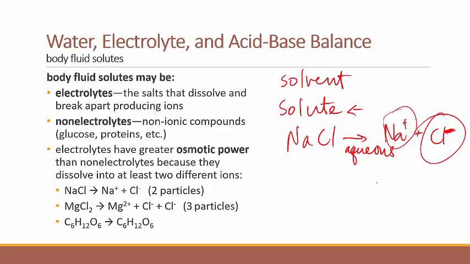And osmosis is all about the number of particles, not about the size of the particles. So even though proteins are really big, proteins are just one particle. Whereas something like sodium chloride, even though it's really small, breaks apart into two different particles. So electrolytes have much greater osmotic power.